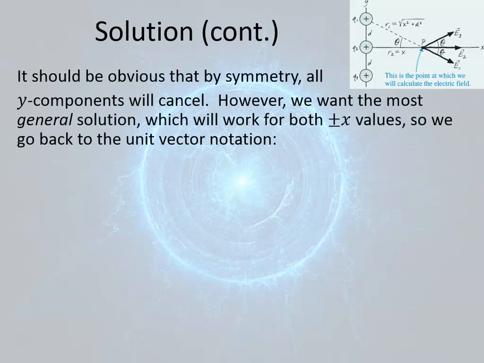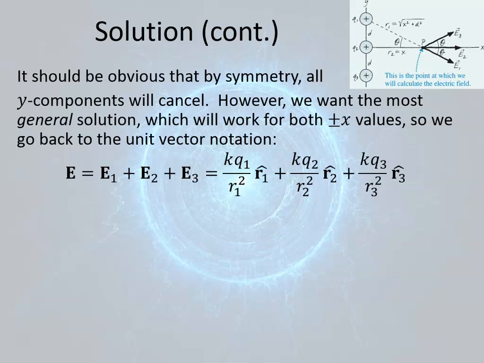So we have our symmetry noted, and we use the superposition principle with the electric field. Remember, the electric field of a point charge is kq over r squared, where r is the distance from the center of the point charge. In each situation, since it's a vector, we multiply the magnitude by the unit vector going from the charge to our point P. So r1 hat is going to go down and to the right, r2 hat is just to the right, and r3 hat is going to go up and to the right.